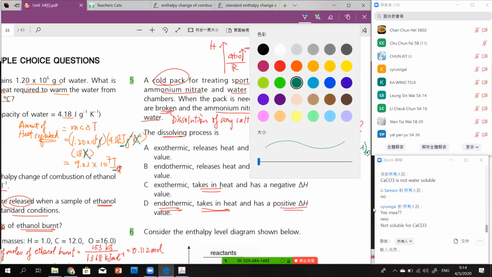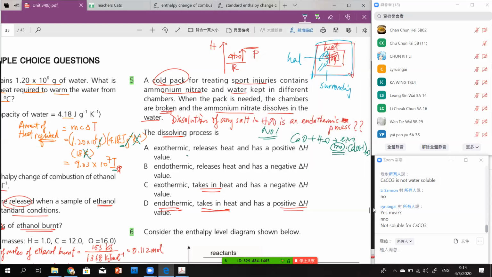What is that? What is caustic soda? So do you know what that is? Baking soda? Huh. Caustic soda is not equal to baking soda.